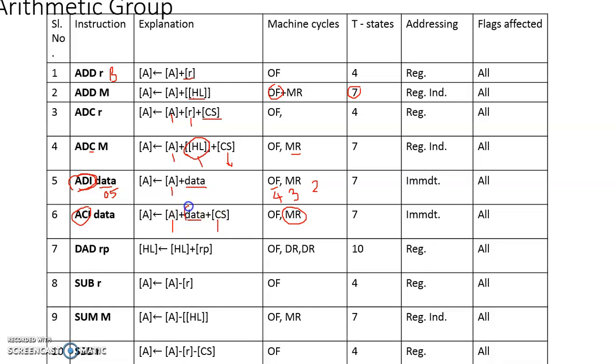Whereas for this operand, the operand itself is given as the content of the next memory location of the program, as the immediate data. So it follows immediate addressing mode. Once again, this is an arithmetic instruction that will affect all status flags.